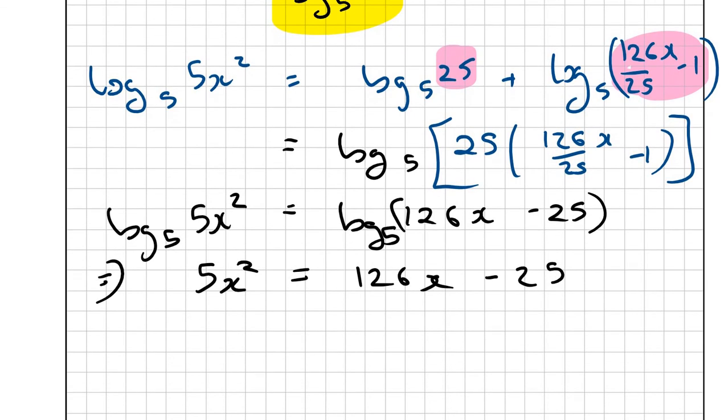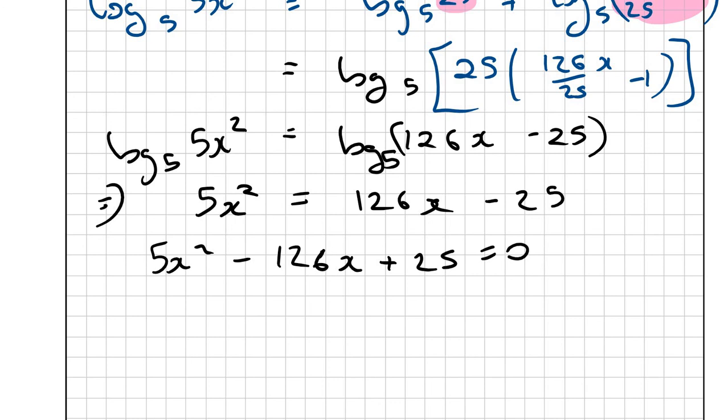If I bring them all over to the one side, 5x squared minus 126x plus 25 is equal to 0, and if I can solve that for x, then I will have my answer. So if you're trying to factorize this out, it's going to be factors of 5 by 25 adding up to minus 126.